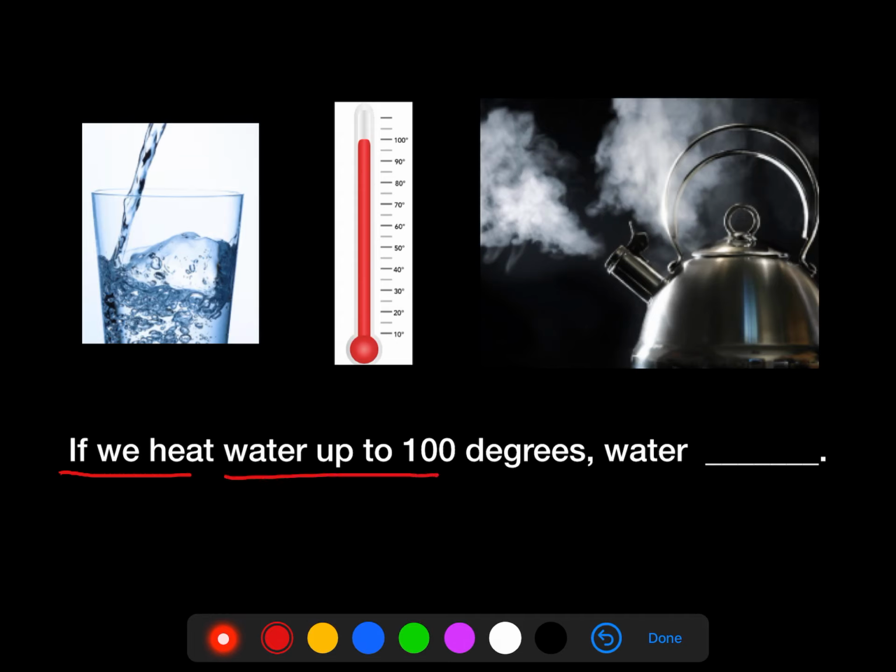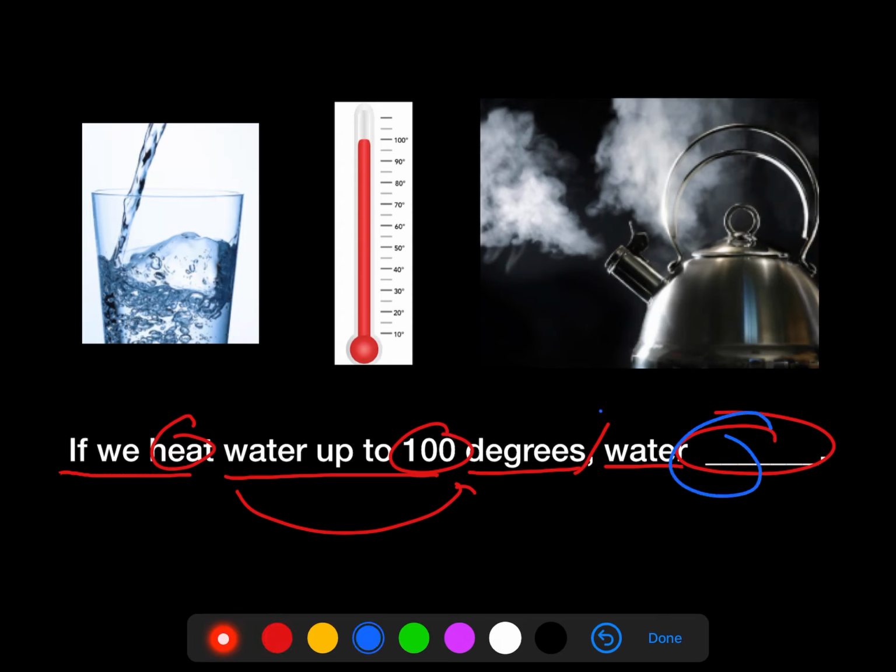If we heat water up to 100 degrees, water... This kettle is boiling, right?